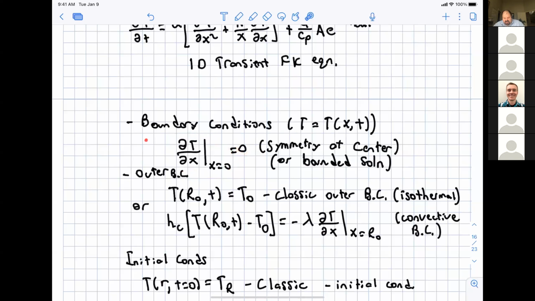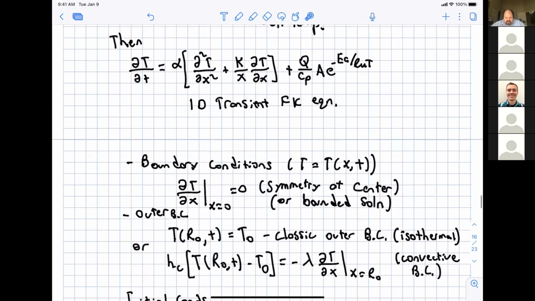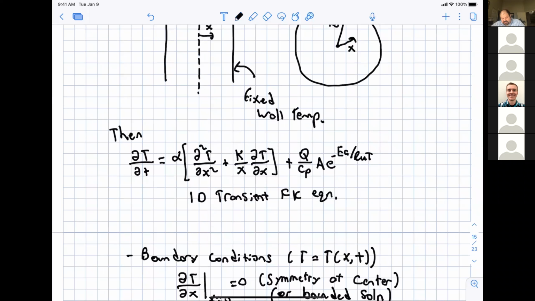Then we have our boundary condition on the outside, which means the temperature at the outer wall at all times is equal to some T naught, a boundary condition we are applying to the outer wall of our object. So I'm going to call this T naught.